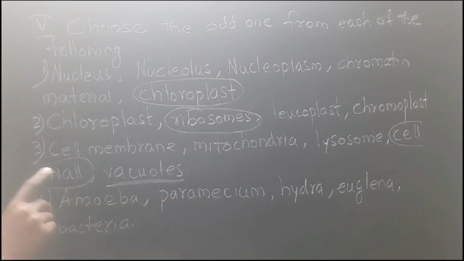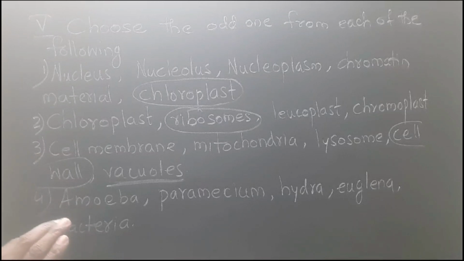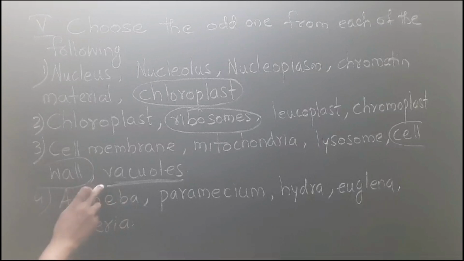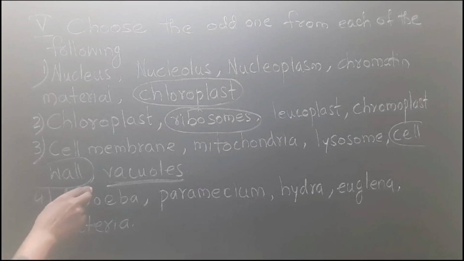Cell membrane, mitochondria, lysosome, this we can find in animal cells as well as plant cells. Whereas cell wall we can find only in plant cells. Then vacuoles. Vacuoles in animal cells sometime we can find. But then most of the time it won't be there. If at all it is there in animal cell, it will be very small.